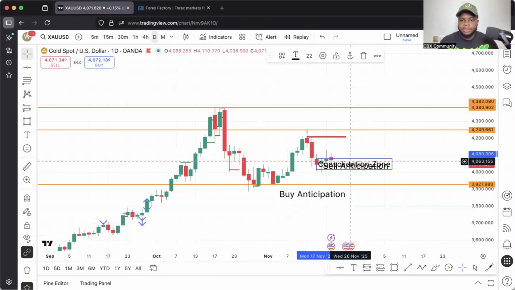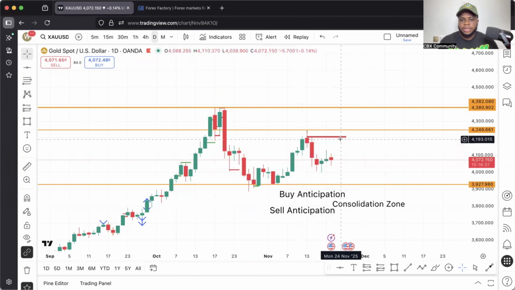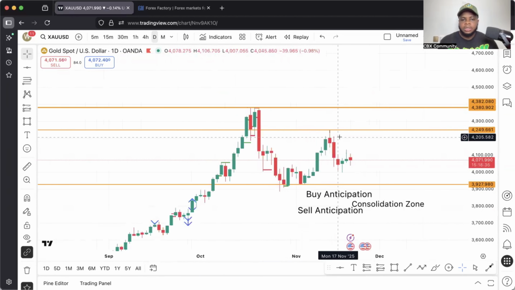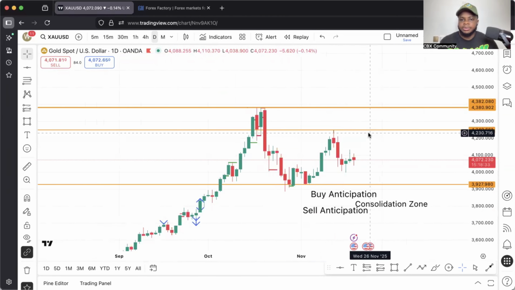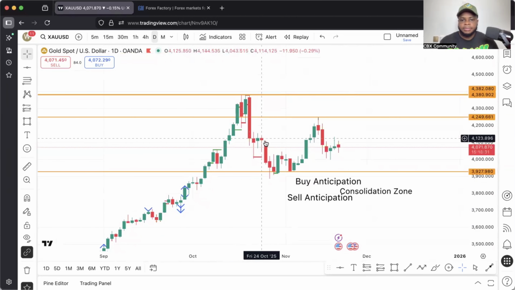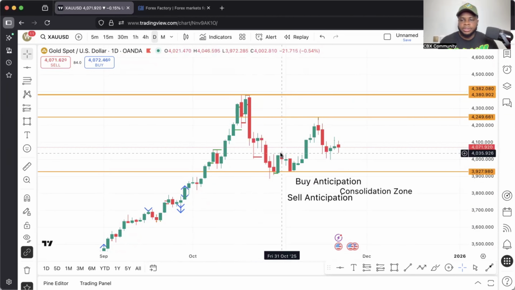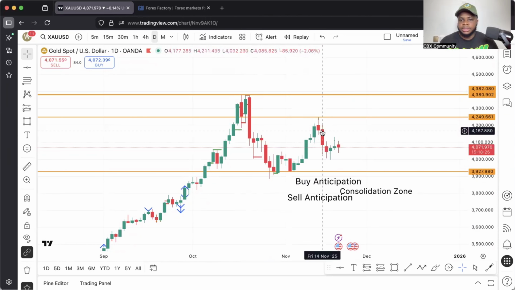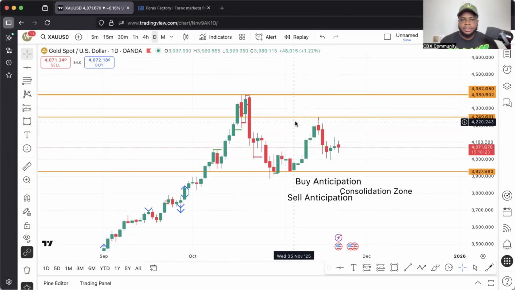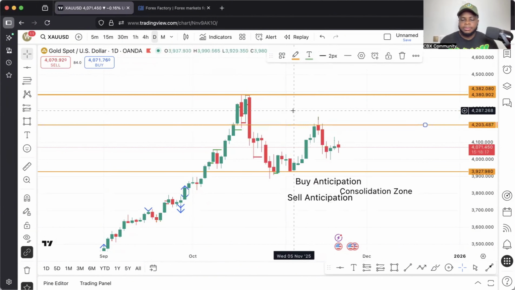Let's move this because we'll use it later. Looking at the formation of the daily chart, we are just consolidating because we have a minor resistance, a minor resistance, and a minor resistance. From this resistance zone to this support zone is being considered as a consolidation zone.